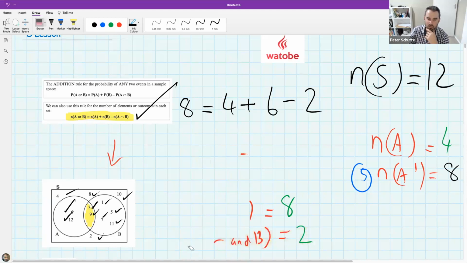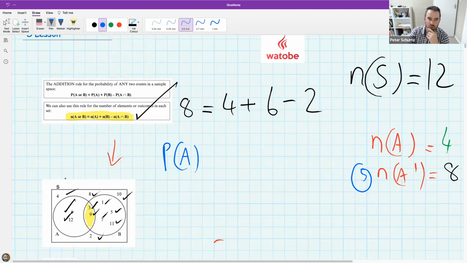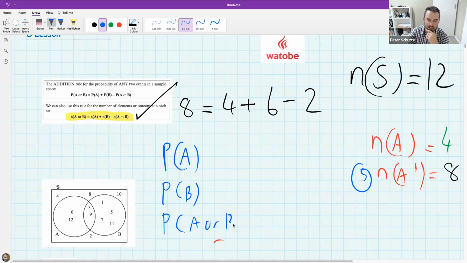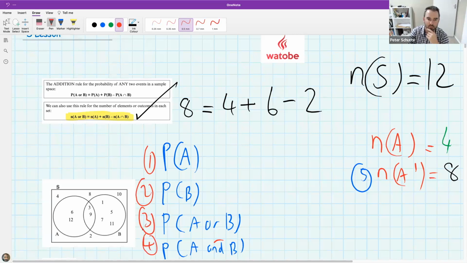Now, I want to know, if you choose a random number from this Venn diagram, can you find me the probability of A? Can you find me the probability of B? Can you find me the probability of A or B? And can you find me the probability of A and B? And I will call this question 1, 2, 3, and 4.